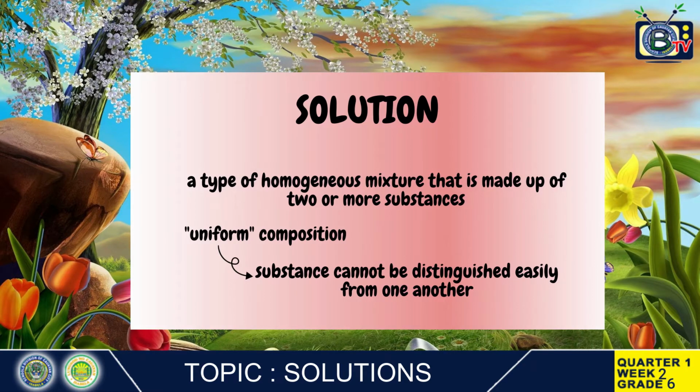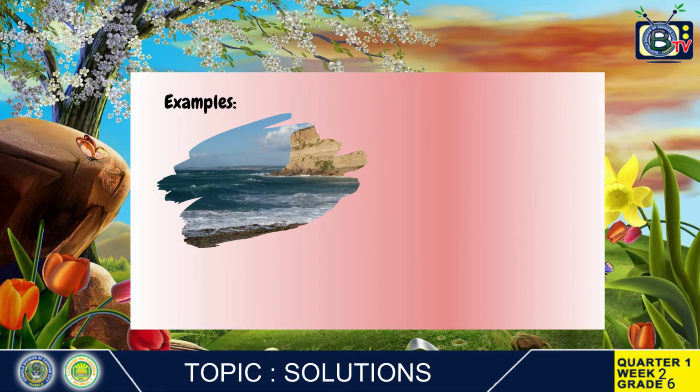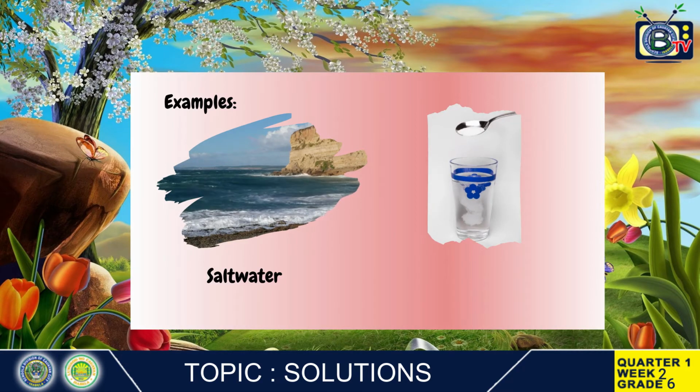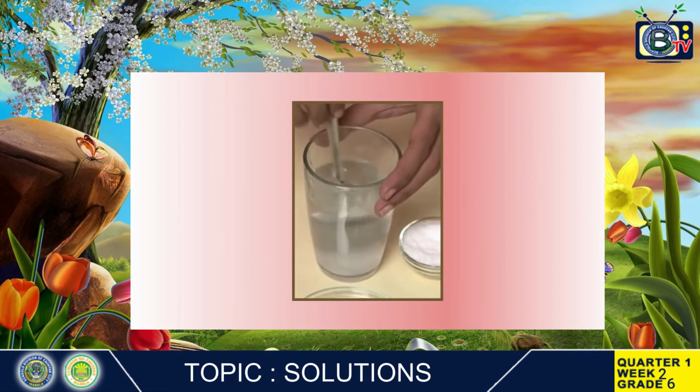Some examples of solutions are salt water and sugar dissolved in water. When you look closely upon mixing salt with water, you can't see the salt particles anymore, making it a homogeneous mixture.